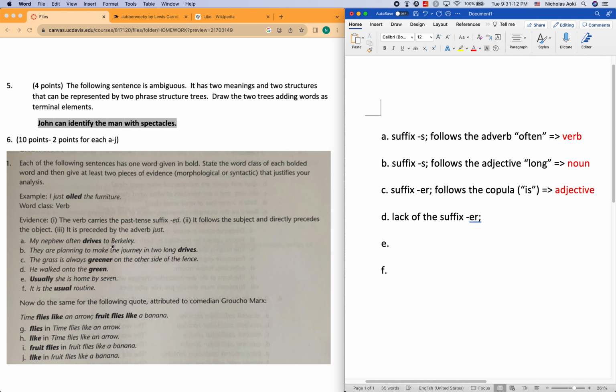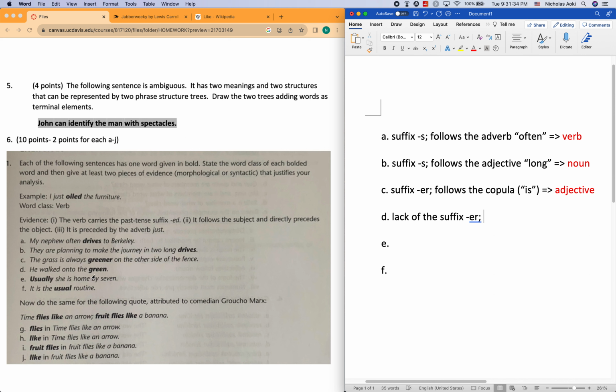In sentence D, syntactically, we can see that the word green is following the determiner the. And if there are no adjectives, then typically, if there's only one word after the determiner the, it has to be a noun. We can't just end with an adjective.